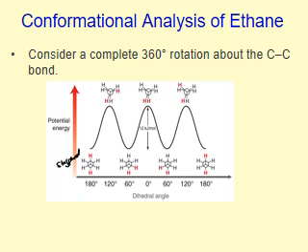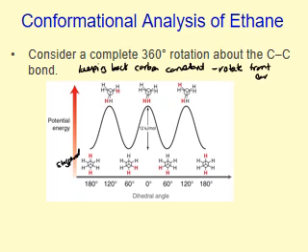Notice that in this particular case, we are keeping the back carbon constant and we're rotating the front carbon. So if we rotate this 60 degrees, we now go to an eclipsed conformation, which is higher in energy.